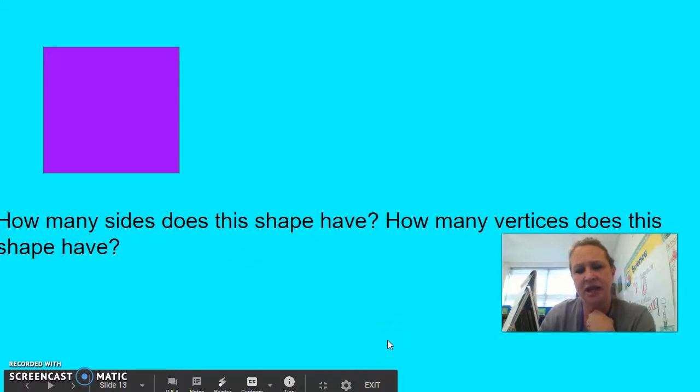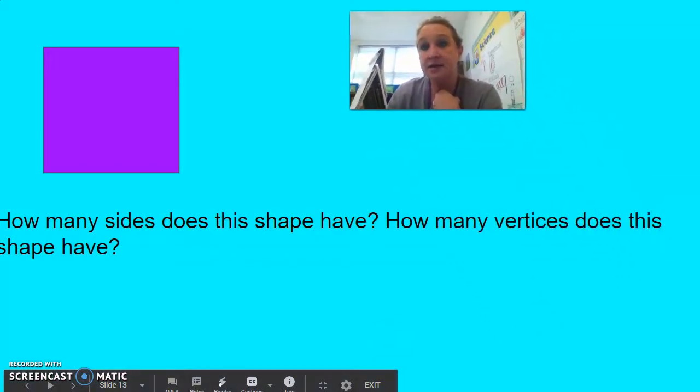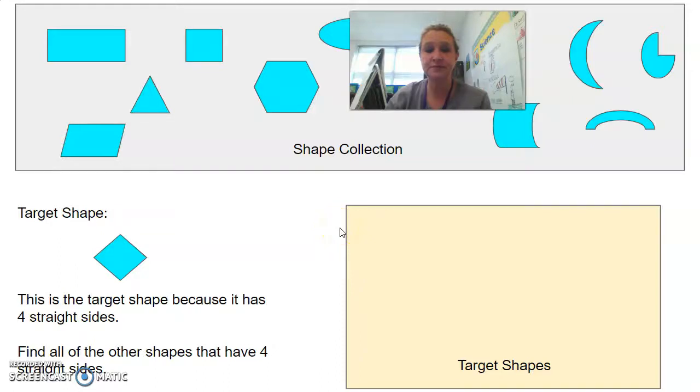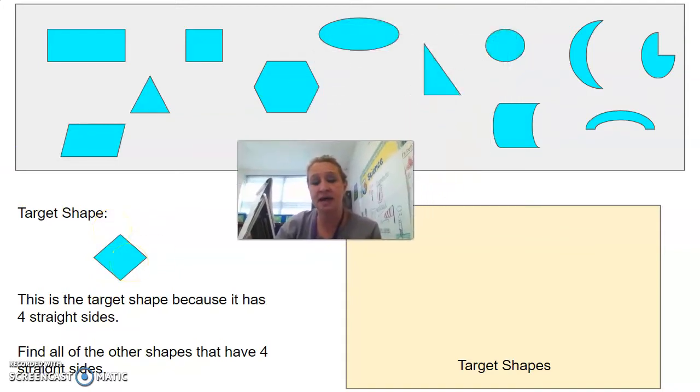Look at that shape right there. That's called a square. How many sides does this shape have? 4. How many vertices does this shape have? Also 4. So now I have this shape right here that I want to find other shapes that are similar.